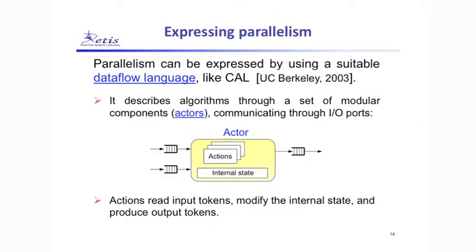So how to express parallelism? Well, there are many ways. One is using a data flow language. I discovered today that people here at this university are also working with the CAL language, developed at the University of Berkeley in 2003. This is a possibility.